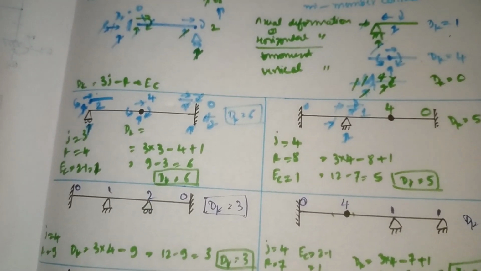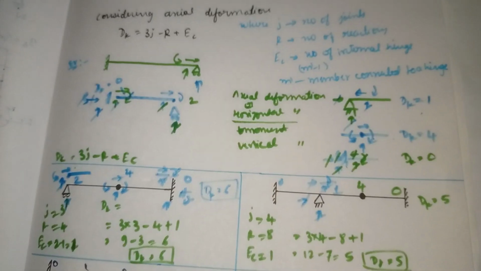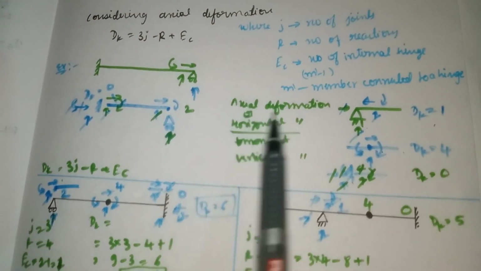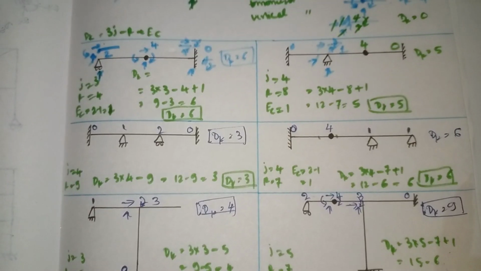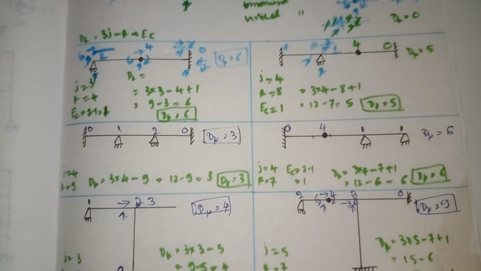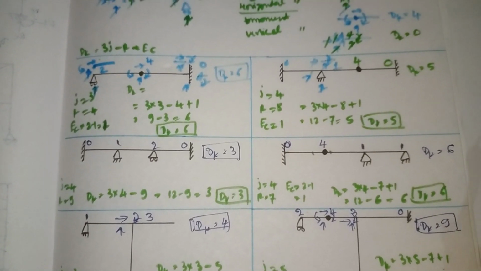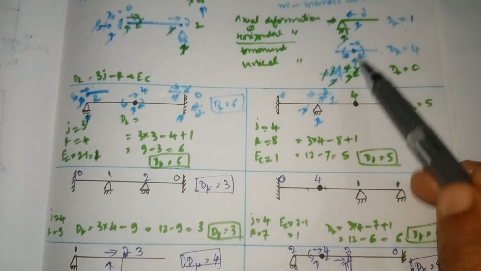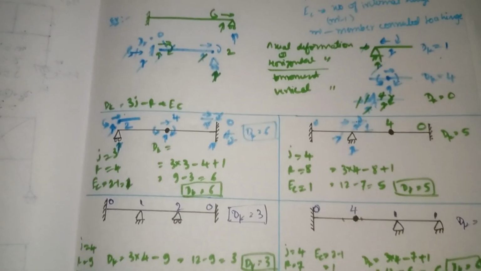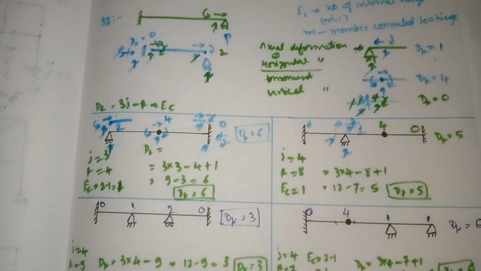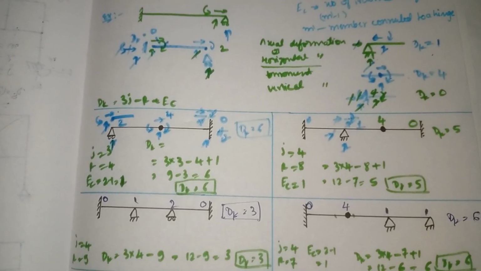So this is how we calculate dk with consideration of axial deformation, manually without using the formula, by simply remembering the values of dk. I hope you all have understood.